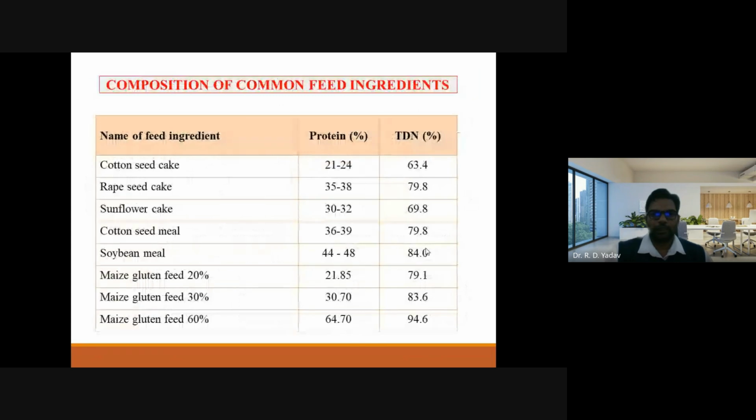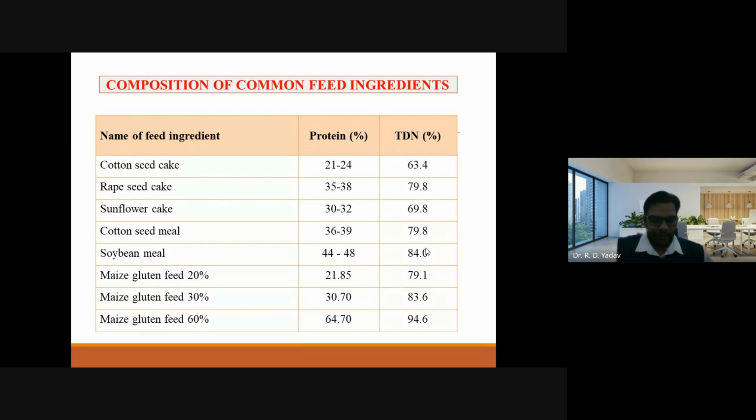So we will come to the composition of the basic feed ingredients we are using. For example, cottonseed cake, its protein value and TDN value. Sunflower cake has 30 to 32% protein and around 69% TDN.